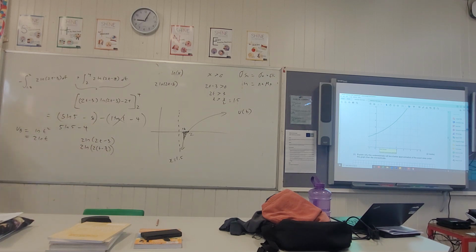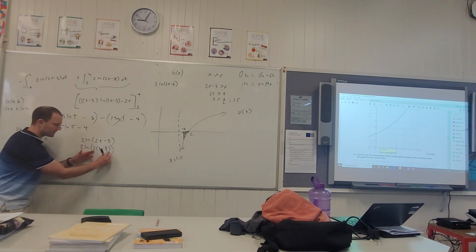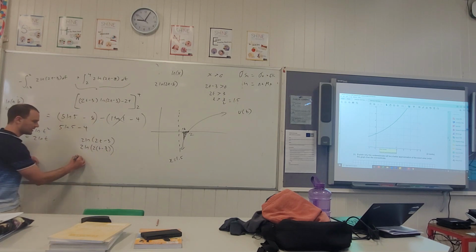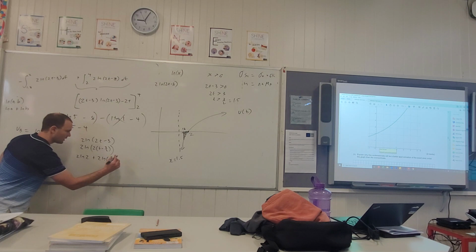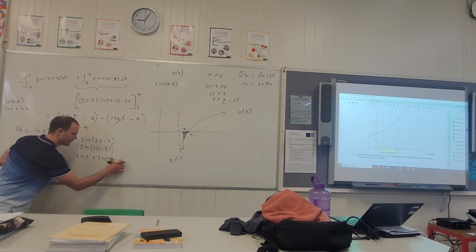Okay, and the reason I've done that is because now we've got ln of ab, which is ln of a plus ln of b. So we can split this. Here's a, and this second component in brackets is b. We can express it like this: 2 ln 2 plus 2 ln(t take 3 on 2).